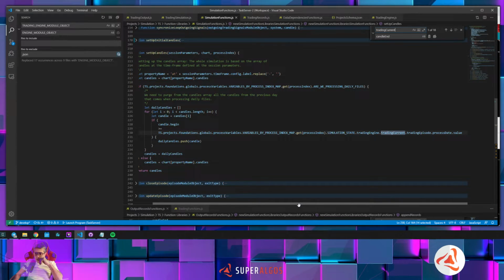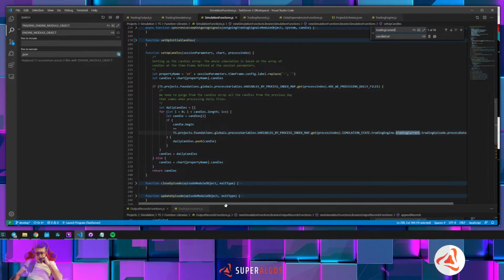So what is this? Okay, the process date. So this guy needs the process date that is stored at the trading engine. Okay, no problem.